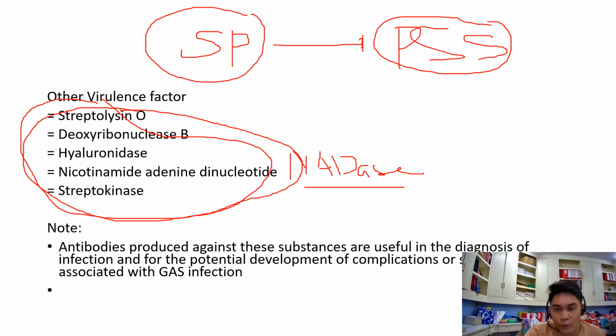That's how you determine if the cause of your glomerulonephritis or rheumatic fever is strep pyo: the presence of anti-streptolysin O, anti-deoxyribonuclease B, anti-hyaluronidase, anti-NADase, and anti-streptokinase. Okay?